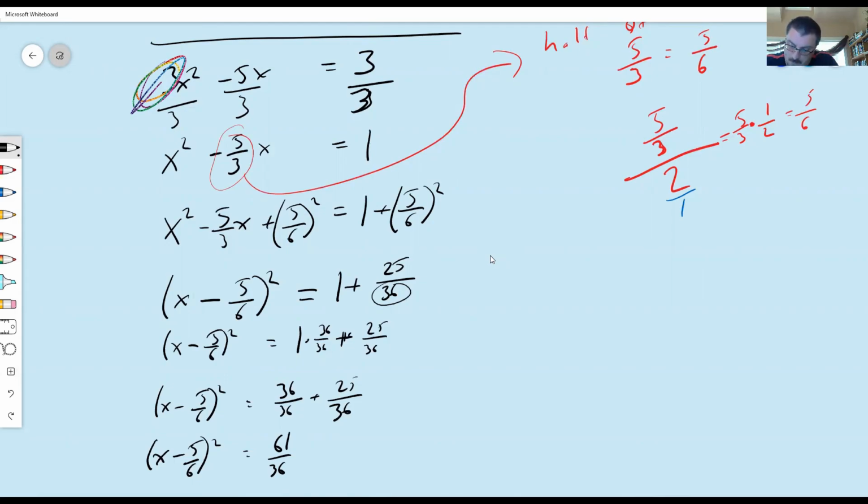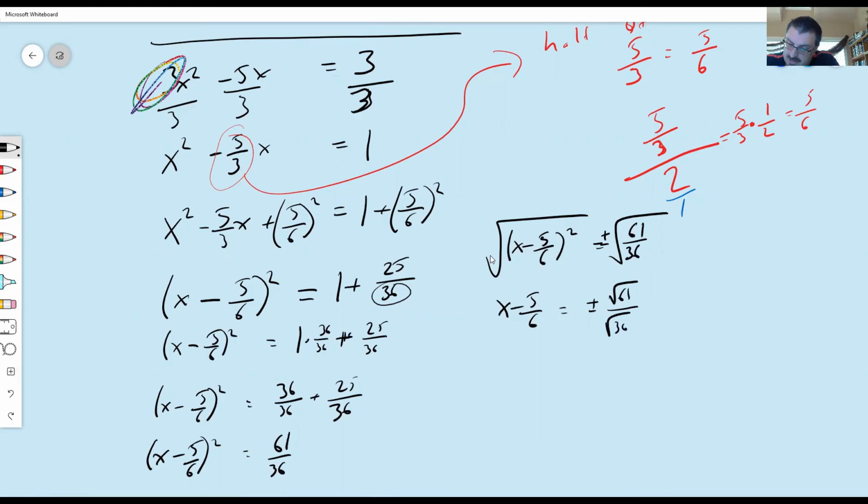All right. So x minus 5/6 squared equals 61/36. Square root the left side, square root the right side, drop in the plus or minus. Square root of 61 divided by square root of 36. 61 is prime, so leave it alone.